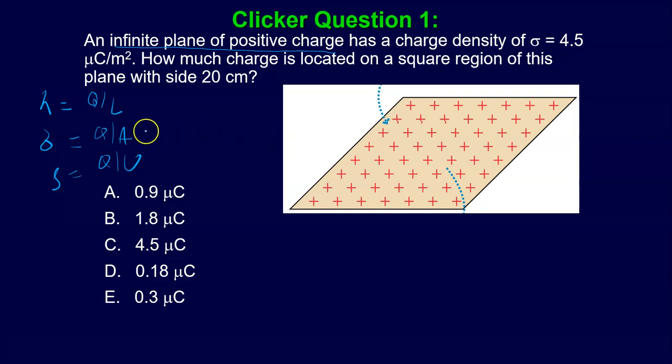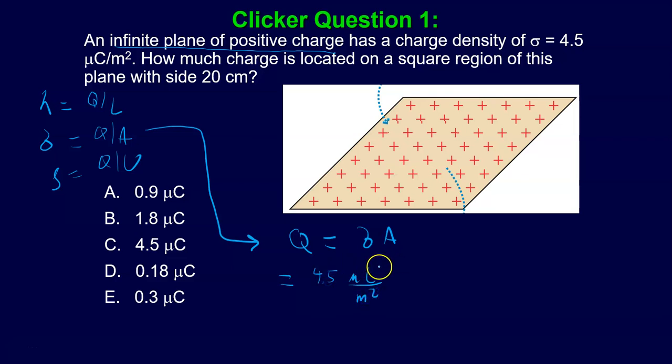This is one of those where I'm going to write out the answer. It's the kind of thing where you can say, oh, that's easy, but there's a lot going on here. Basically, if you take this equation and solve it for charge, then it becomes not too bad. I put in 4.5 microcoulombs per meter squared, that's the charge density, and then times the area. We're literally saying, let's make a little square here, and ask how much charge is inside that square.